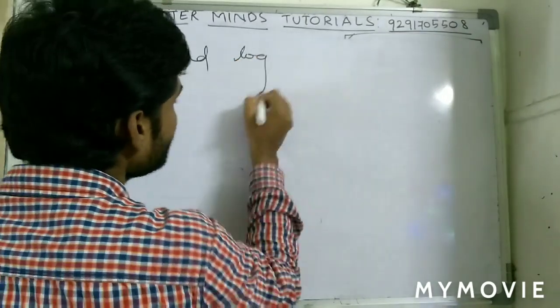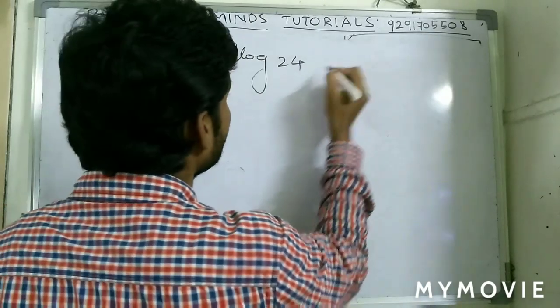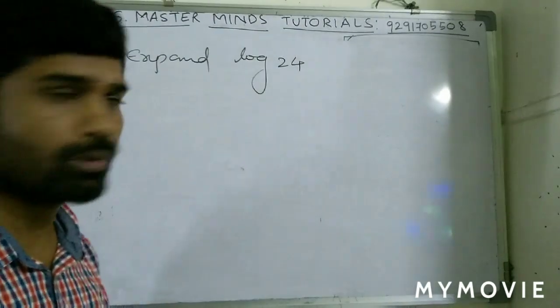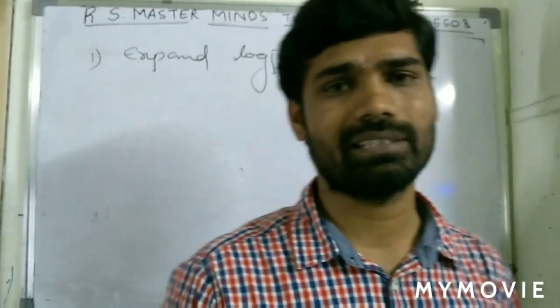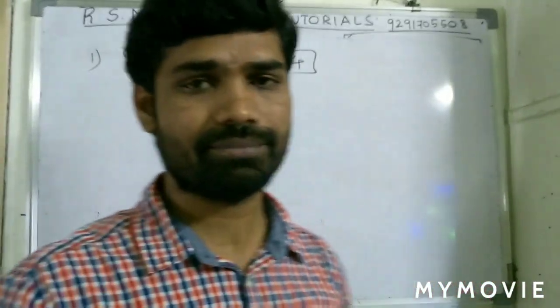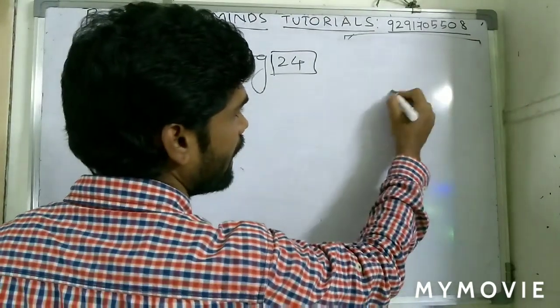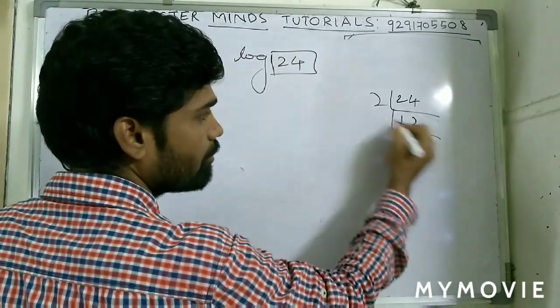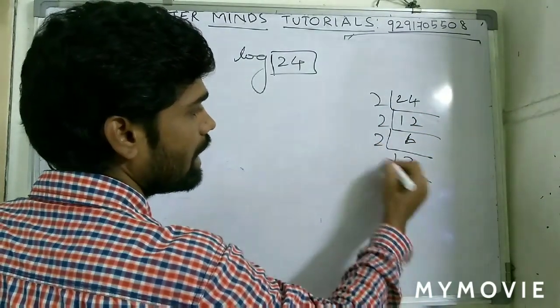Expand log 24. First, let us write 24 as a product of factors. In 24, 2 twelves are 24, 2 sixes are 12, 2 threes are 6, and 3 ones are 3.